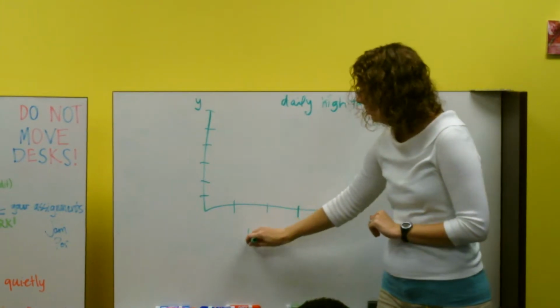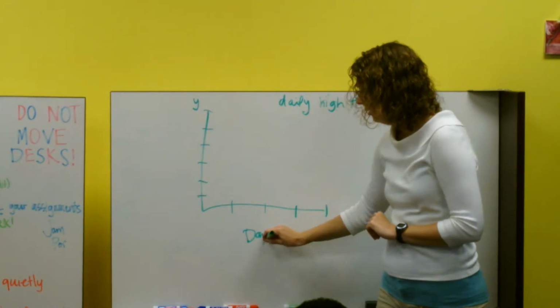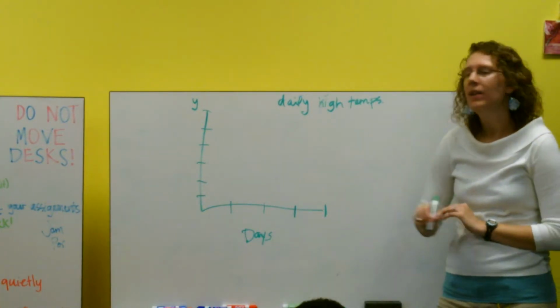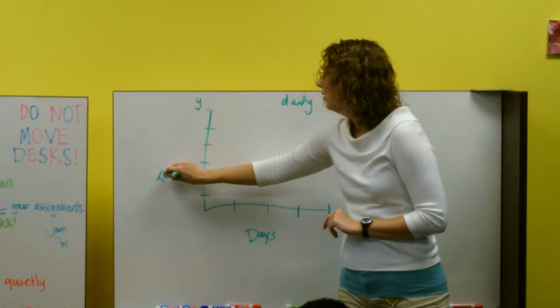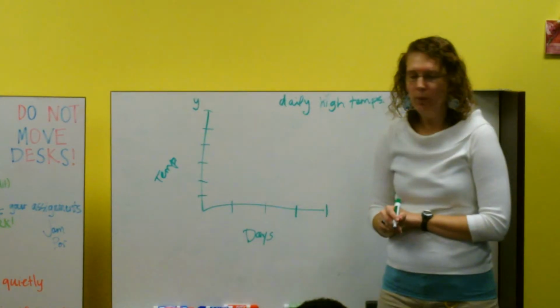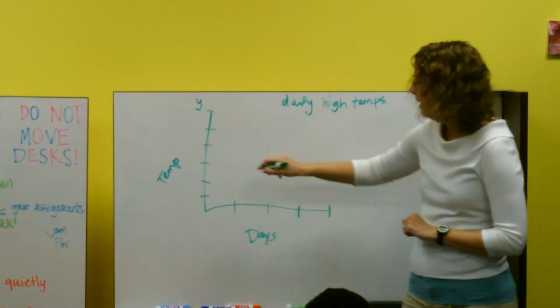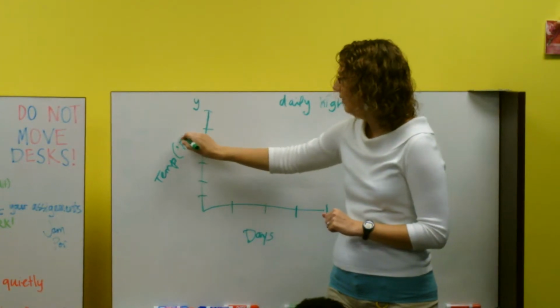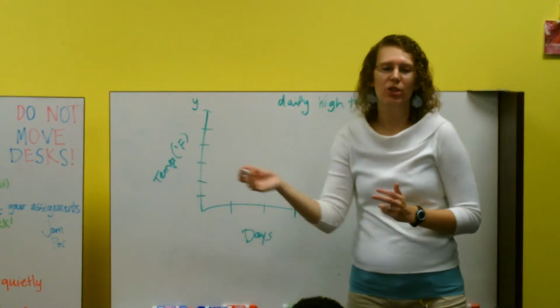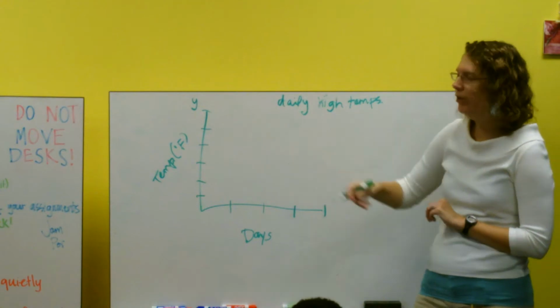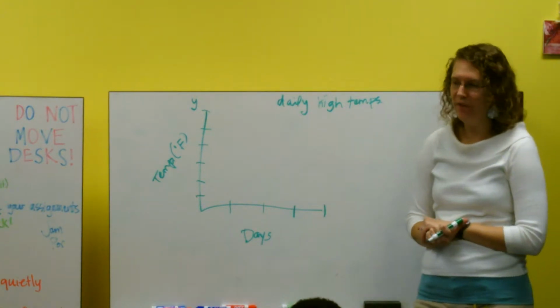Days on the X. Okay. And what on the Y? Temperature. Okay. Okay, one little key, as you guys can see in your book, we're given temperature in degrees Fahrenheit. So just to make sure that everyone understands that, to put it over in your subtitle is necessary information.